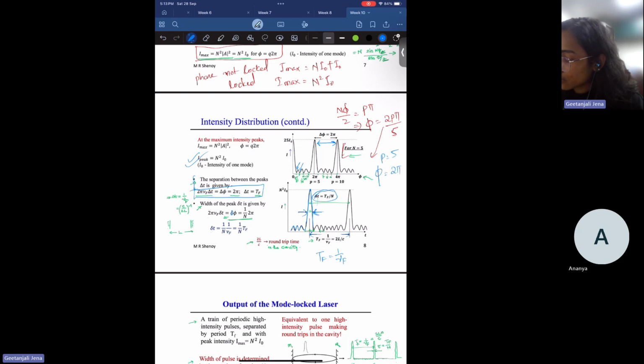And nu f, if you recall, is given by 2L by C, right?